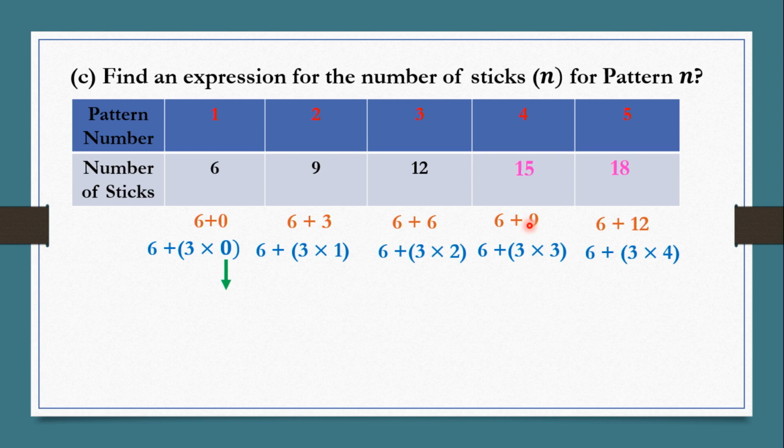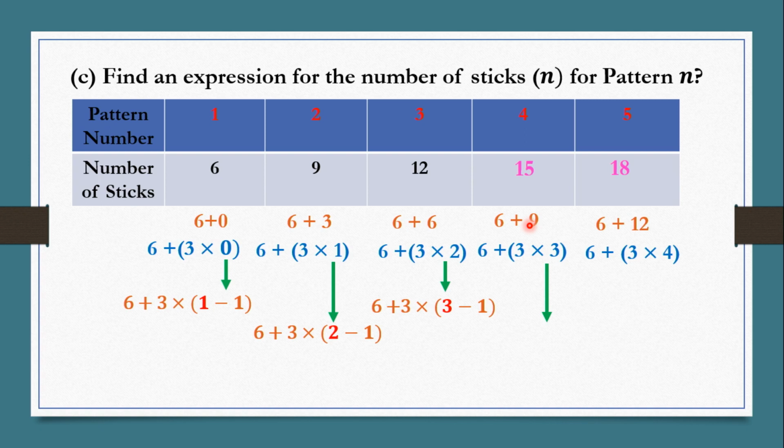The 0, I'm going to rewrite as 1 minus 1. The 1 here, I rewrite as 2 minus 1. The 2, I write as 3 minus 1. The 3 here, I write as 4 minus 1. And the 4, I write as 5 minus 1.